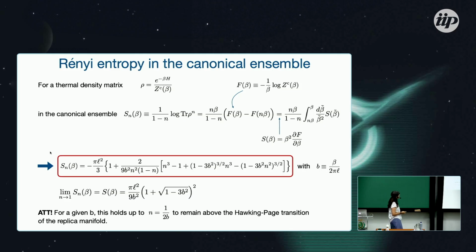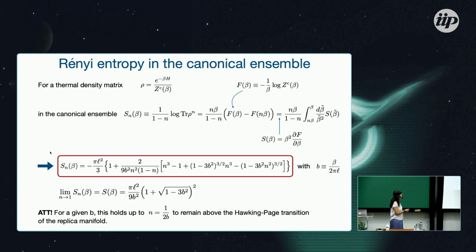So to evaluate the Rényi entropy in the canonical ensemble, going back to the question before, you can do it directly for the full system if you know how to write the free energy explicitly as a function of the temperature. You can also think about it in terms of replicas, I will have a slide a bit later.